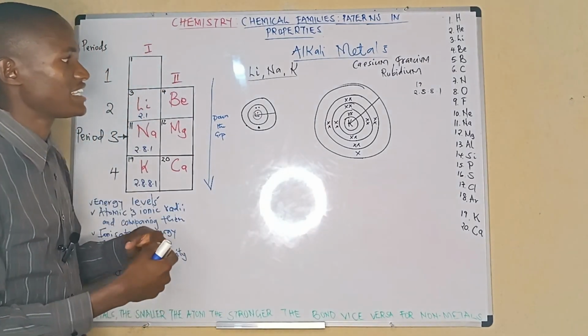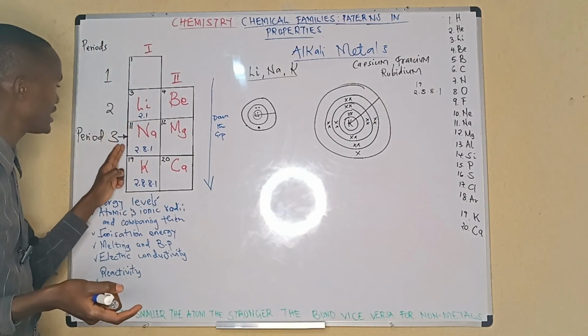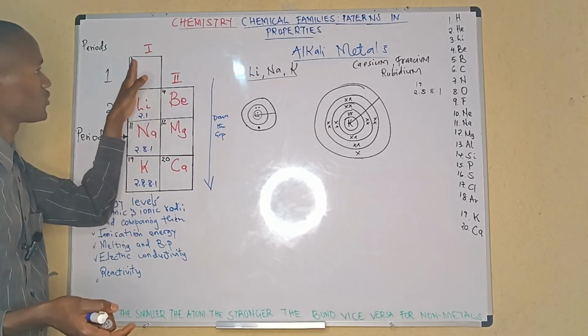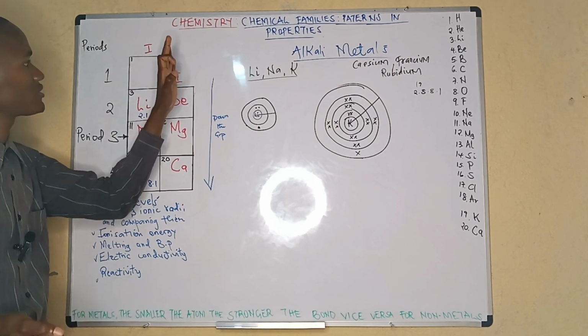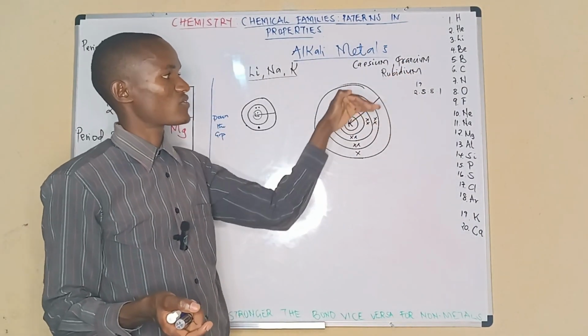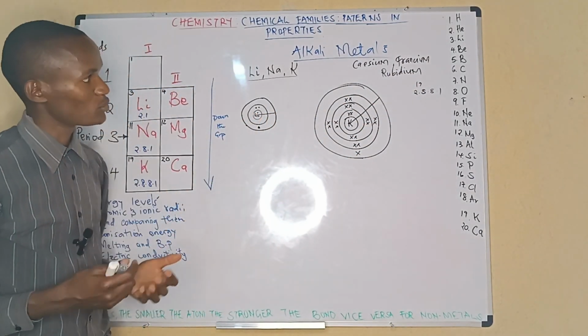Therefore, it has an even higher atomic radius, because they keep on increasing. So you have seen, for all the 4 groups, alkali metals, alkaline earth metals, halogens, noble gases, all of them have the atomic radius increasing down the group.